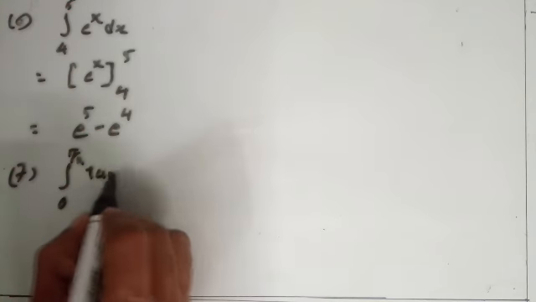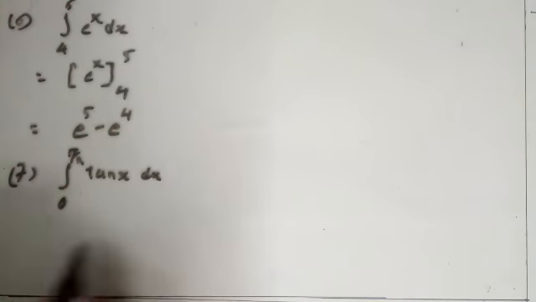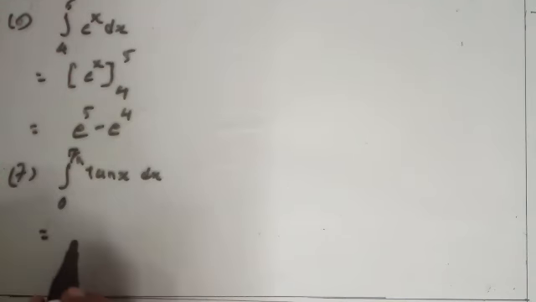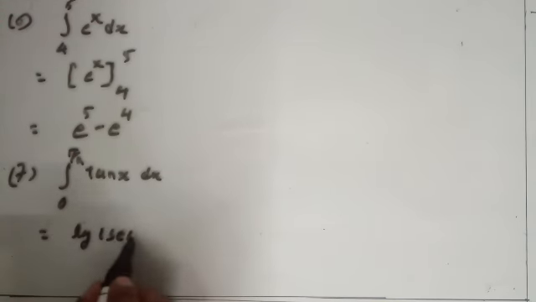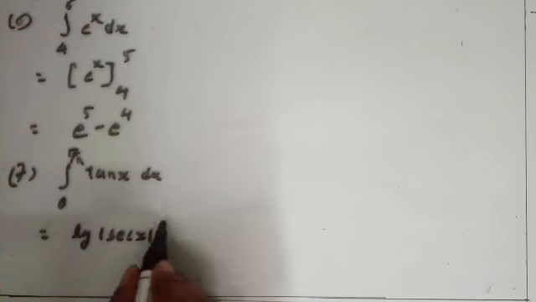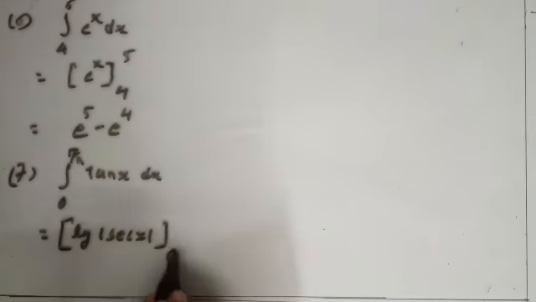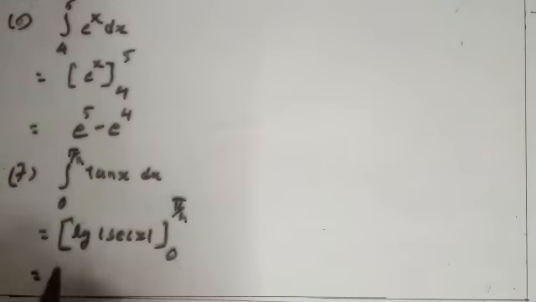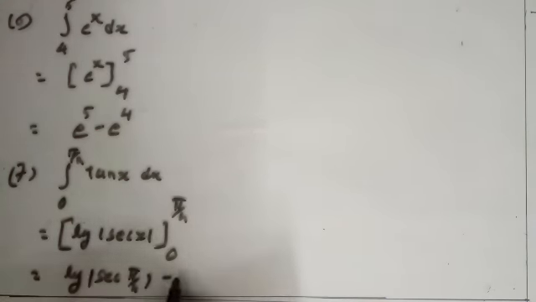Now next question number 7, find the integration 0 to pi by 4 tan x dx. We know that the integration of tan x is equal to log mod sec x, and limit 0 to pi by 4. So is equal to, now apply limits, log mod sec pi by 4 minus log mod sec 0.